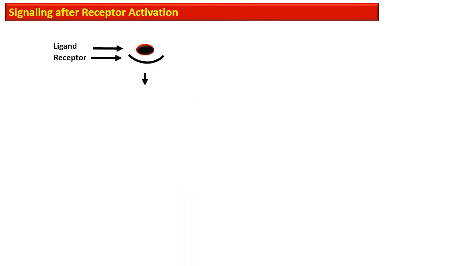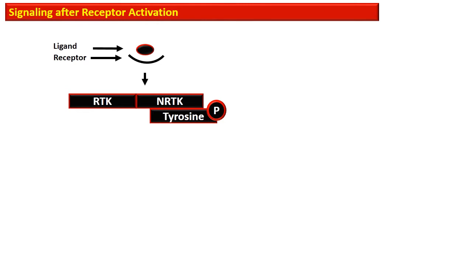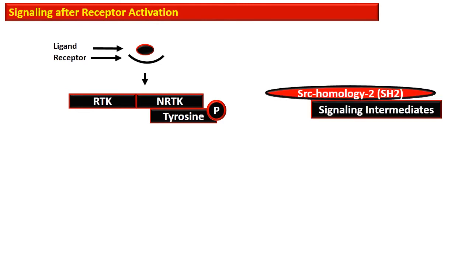The ligand and receptor activation will result in activation of the receptor or conformational changes within the receptor. If these receptors are receptor tyrosine kinase and non-receptor tyrosine kinase, that will result in phosphorylation of the tyrosine. So these phosphotyrosines are recognized by the SRC homology 2 or SH2 domain on the signaling intermediates, and they bind together.